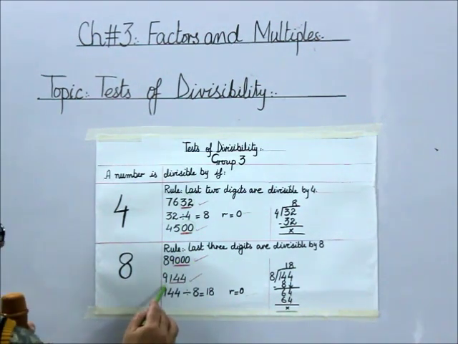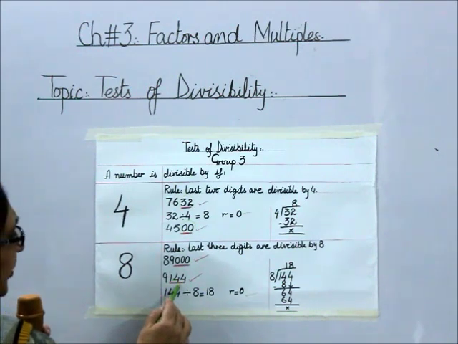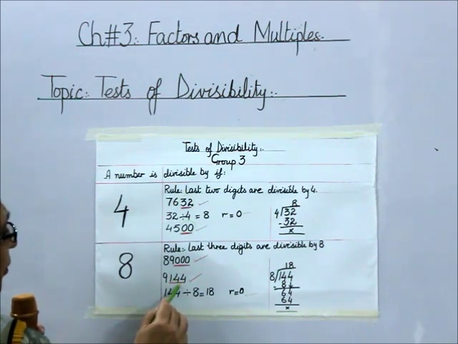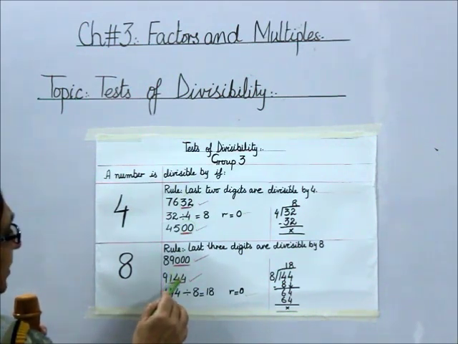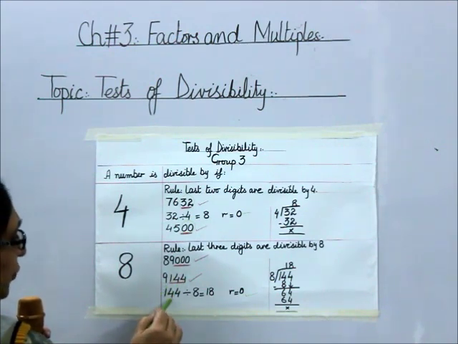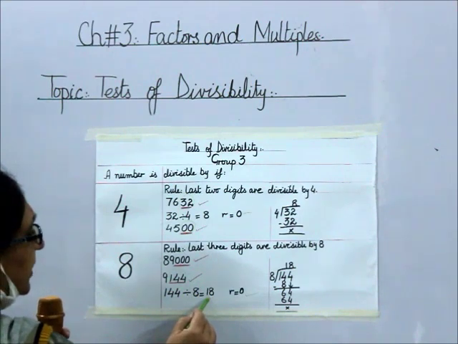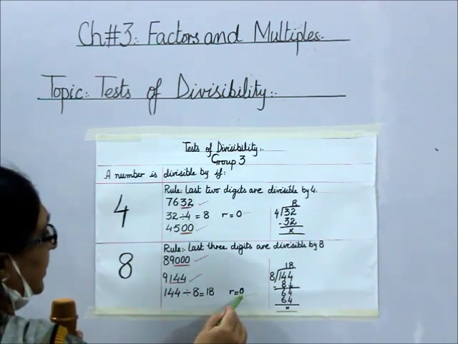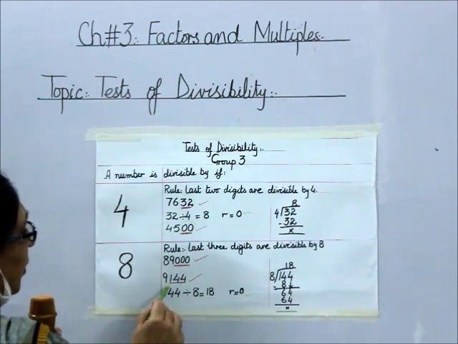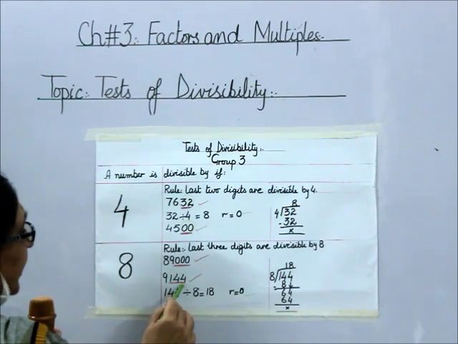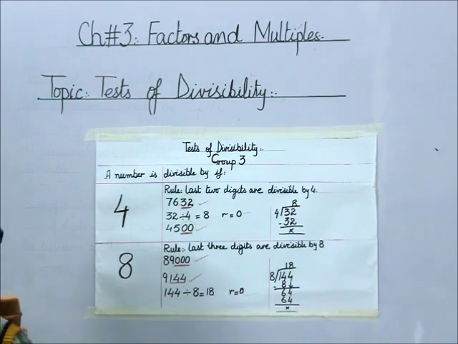Look at this number, 9144, and the number formed by hundreds, tens and ones is 144. If we divide 144 by 8, the quotient is 18 and the remainder is 0. So 9144 is also divisible by 8.